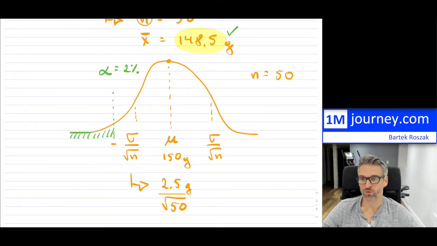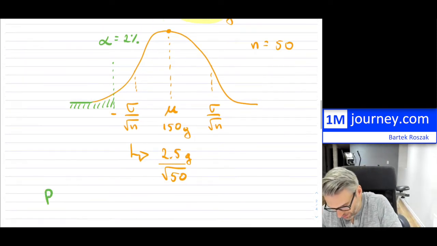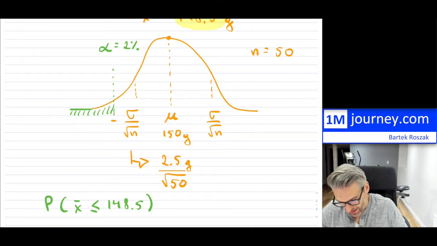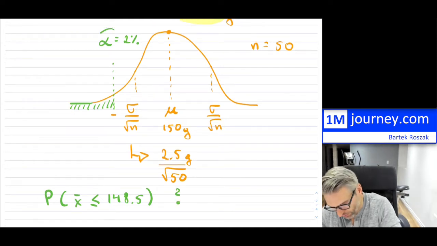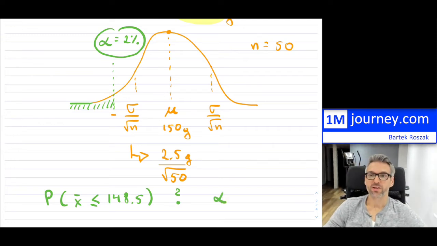This is normally distributed, so we can find the probability of this being less than or equal to 148.5. What's the probability of that? And our threshold is the question: is it less or above that threshold?